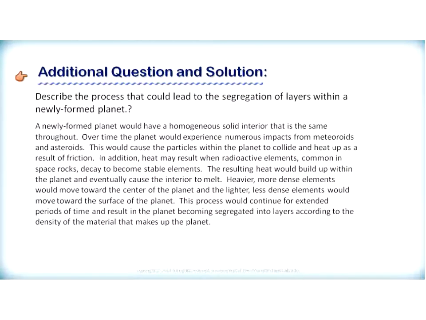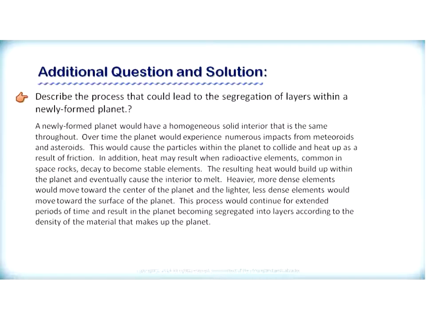An additional question and solution, which basically states the same question as before, could be read as follows. Describe the processes that could lead to the segregation of layers within a newly formed planet. In this case, a newly formed planet would be much the same as the Earth's original planet that formed according to the solar nebula hypothesis billions of years ago.